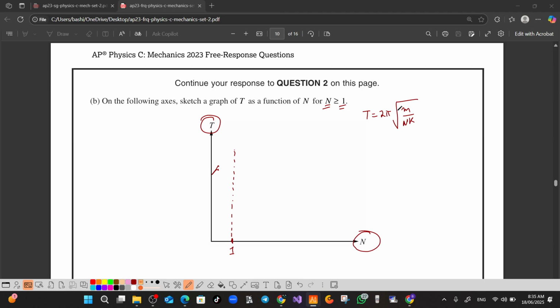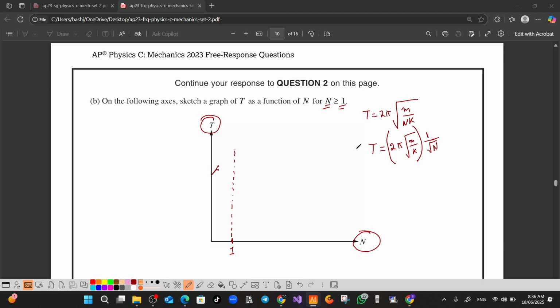To do that, I must write T is equal to 2 pi radical M over k alone, and let's separate now the n from this part. Now the n can be written as 1 over n, and since the n is included in the radical, or the square root, I must see the square root with it.